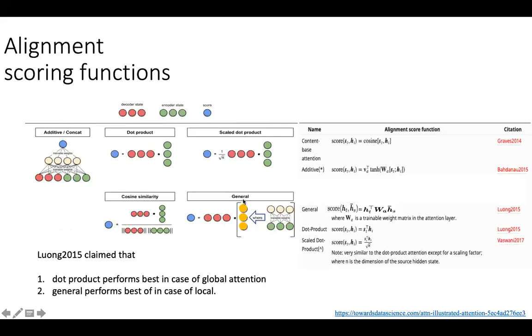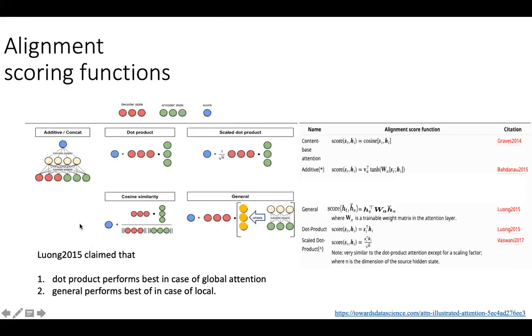And in the general method, the equation is over here. HS is the encoder hidden state, that is, the source hidden state. We multiply it with some trainable matrix, that is W, and then the output of that we multiply with the target hidden state, that is the decoder hidden state, and then we get the score.